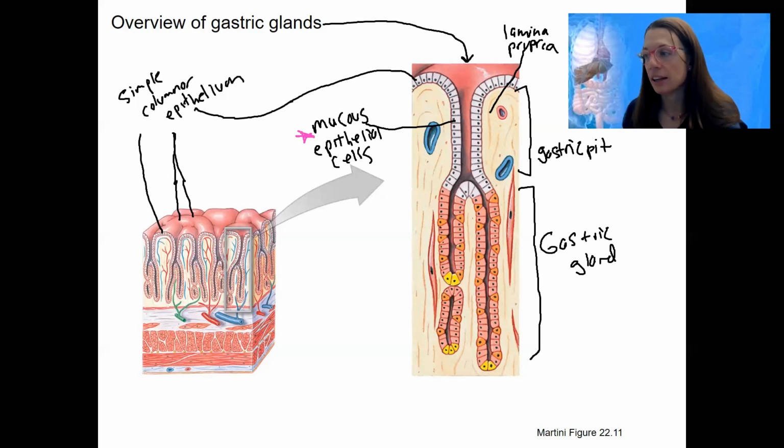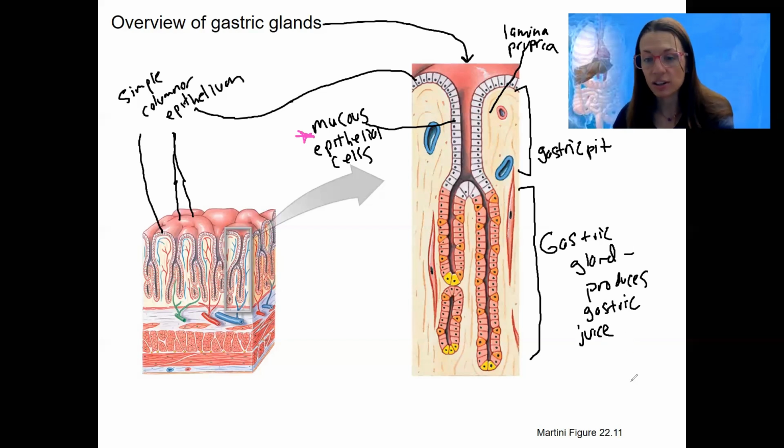Gastric pits lead to gastric glands. The gastric glands are what produce gastric juice. Gastric juice is your stomach juice. Acidic, you know, you've tasted it. Mucus, HCl, also some hormones, pepsinogen, intrinsic factor.